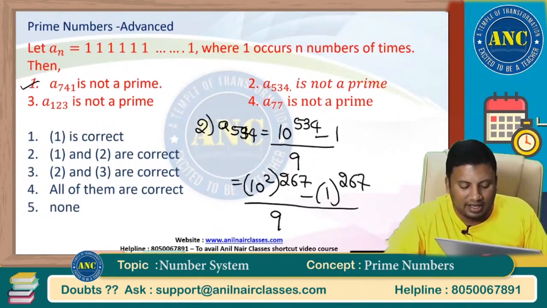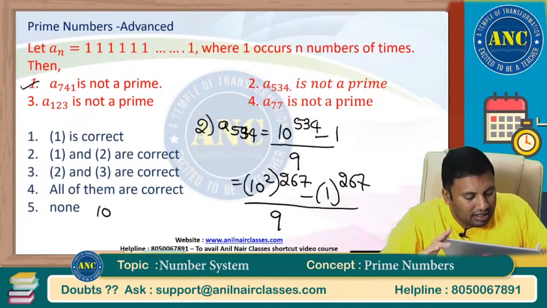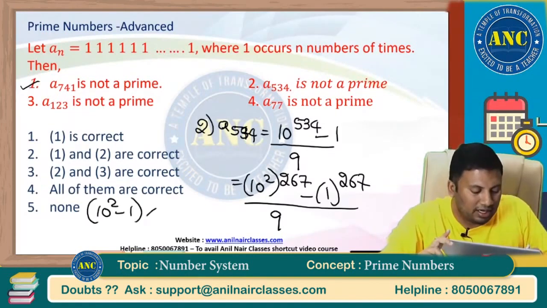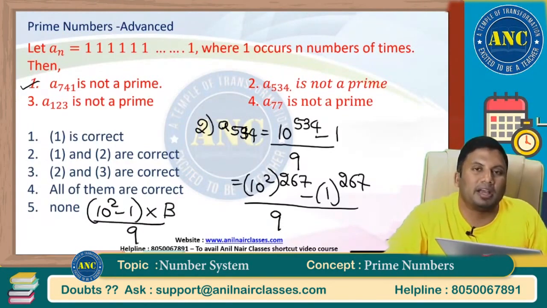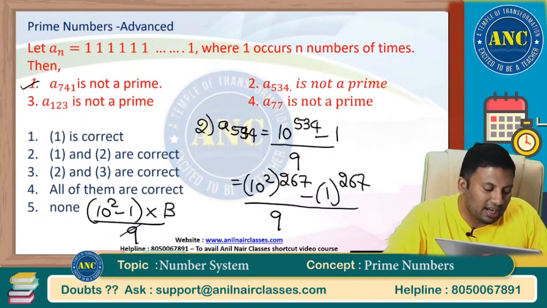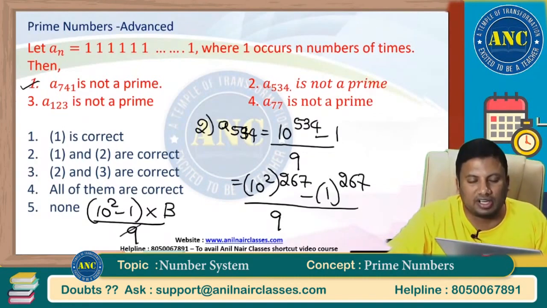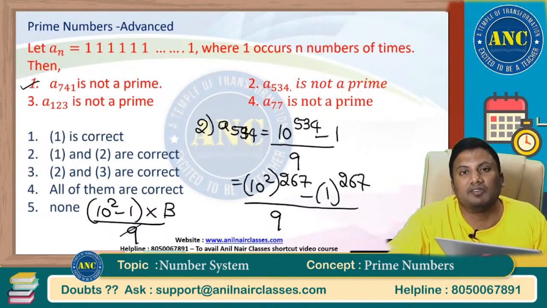Are you all with me? So again it is a power n minus b power n, 10 square minus 1, into some number, divided by 9. 100 minus 1 is 99, and 99 divided by 9 is 11. The answer is divisible by 11.